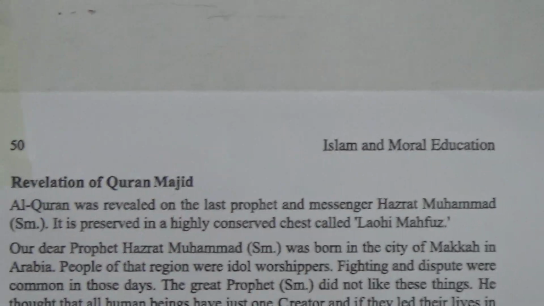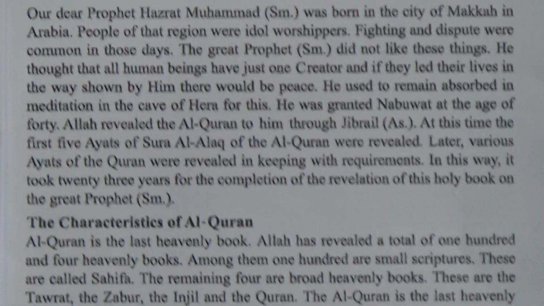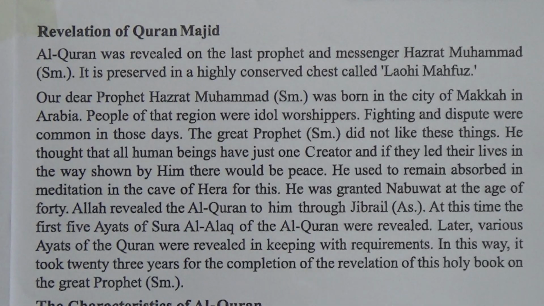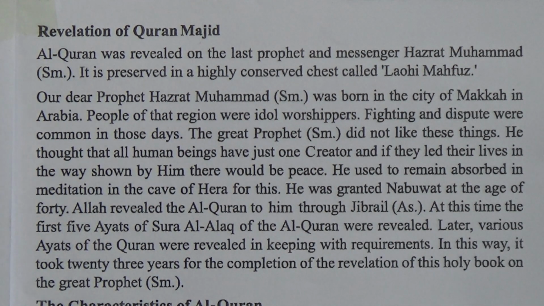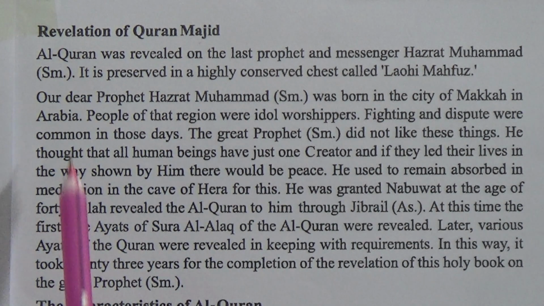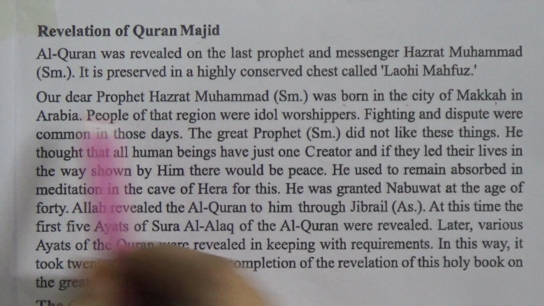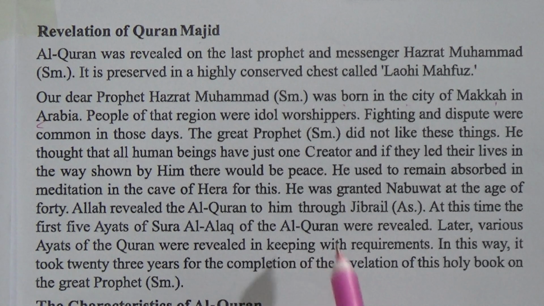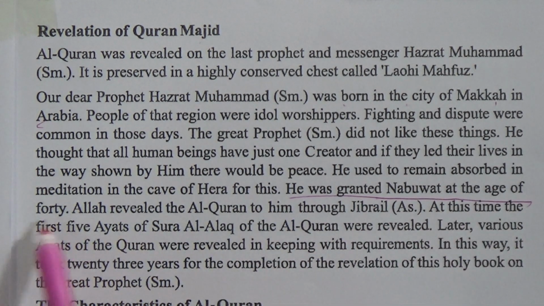Now come to the revelation of Quran Majid. You know that our Prophet Muhammad sallallahu alaihi wasallam received the Quran Majid from Allah Ta'ala through Jibril alaihi salam at the age of 40, and it was slowly revealed to him. Understand? Our Prophet sallallahu alaihi wasallam was born in the city of Mecca. Then he was granted Nabuwwat at the age of 40.